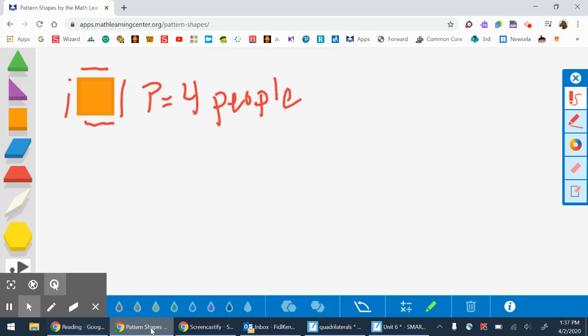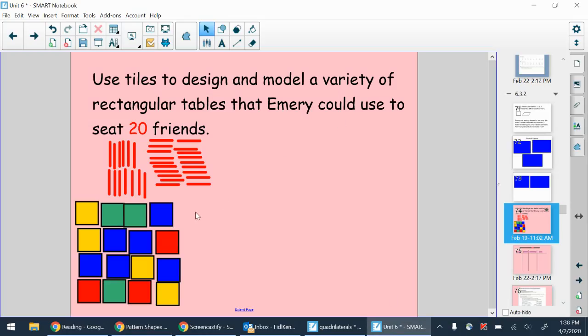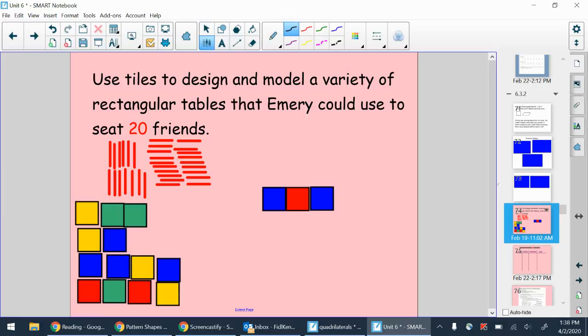Okay, so like yesterday when you were doing some different combinations with Mrs. Avey, she was showing you maybe a combination like this, and this had a perimeter of 10 because it was 1, 2, 3, 4, 5, 6, 7. Oh, I'm sorry, 8. I'm incorrect there. Let me move this.